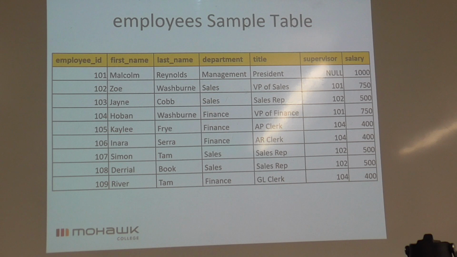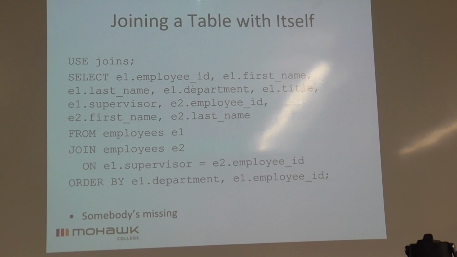Simon Tam's supervisor is 102, who is Zoe Washburn, VP of Sales, right? So these entries refer to other entries within the same table, so it makes sense to join the table with itself so that you can look up things like the first name, last name, department title, and supervisor name.